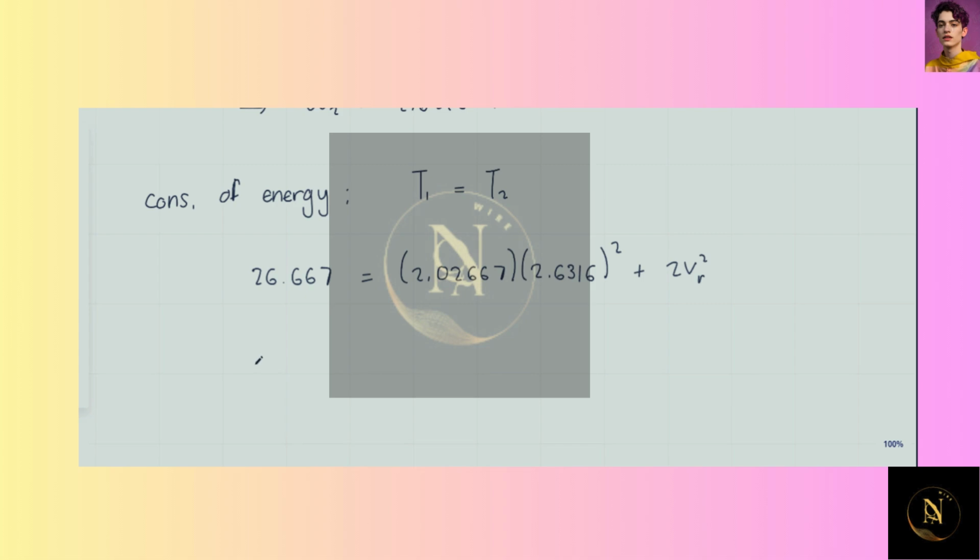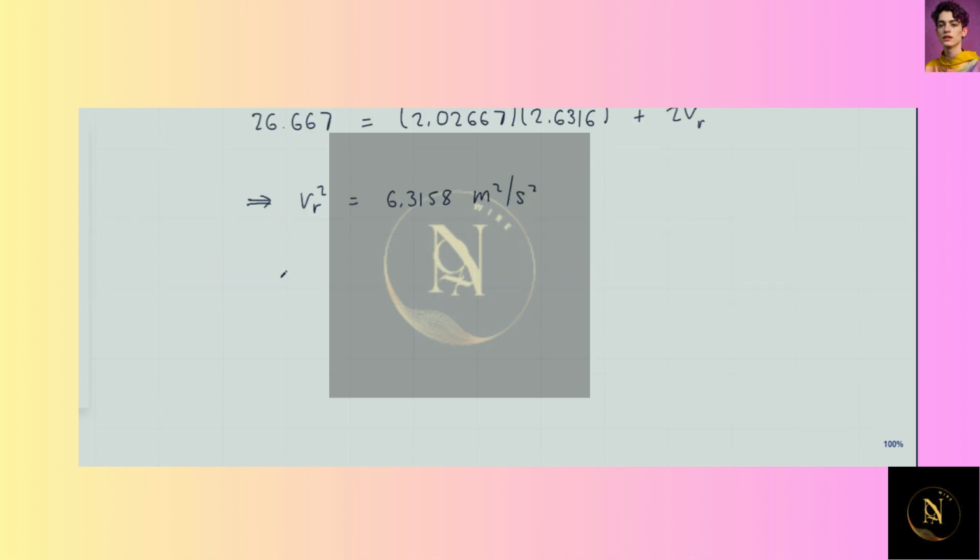So we are left with an equation with only one unknown, which gives VR squared equal to 6.3158 meters squared per second squared, which means that the speed of the rod relative to the tube, which we wish to calculate, VR, is equal to 2.51 meters per second.